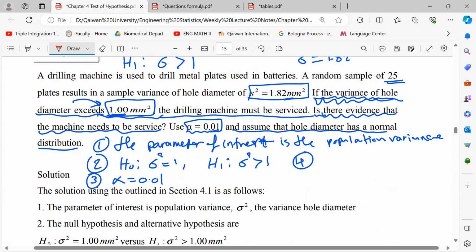It doesn't equal 1. As the test statistic is greater than chi-squared of alpha and n minus 1, the null hypothesis is rejected. In this case, if the variance is greater than 1, the drilling machine must be serviced. Okay?